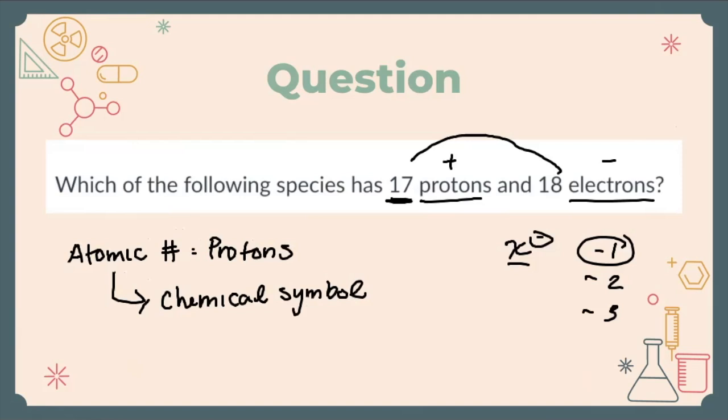And it's going to be the large number above the element. And if we look at the periodic table, we see that's chlorine. So chlorine has 17 protons. And we know that it has 18 electrons. A neutral element of chlorine would have 17 electrons. But because we have 18 electrons, it's not just chlorine by itself, but it's chlorine with a minus charge. And so that is the final answer.